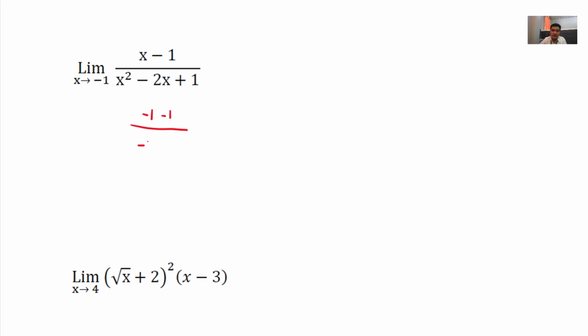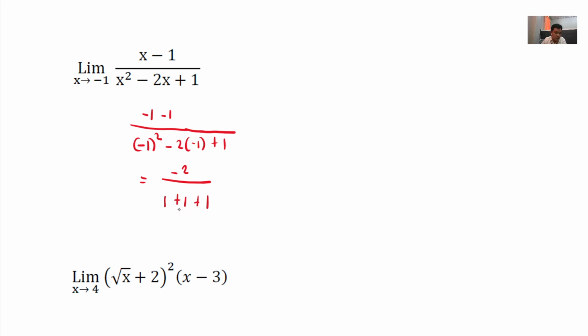So negative 1 squared minus 2 times negative 1 plus 1. So that is negative 1 minus 1, that is negative 2, all over negative 1 squared is 1. 2 times negative 1 is negative, so times 2 magiging plus 2, plus 1. Tama ba?